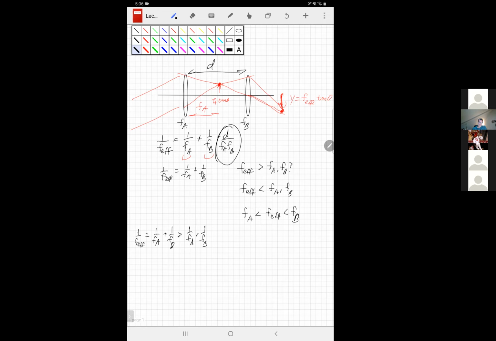As I move them farther apart, does that increase or decrease the effective focal length? Increase or decrease? Vote in the chat.